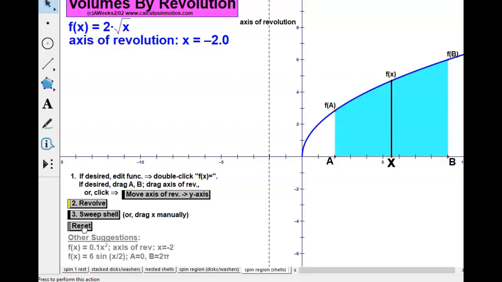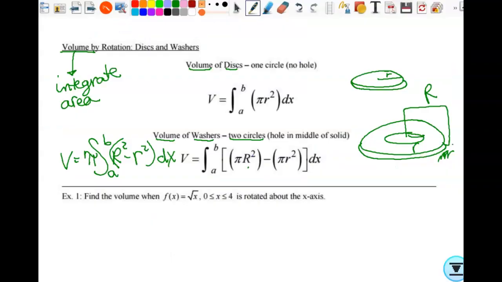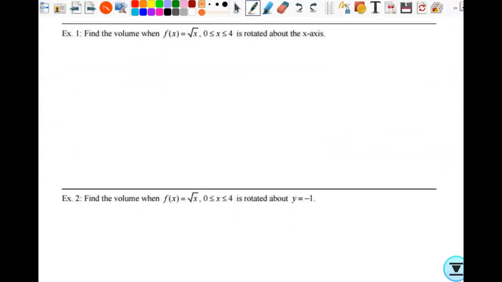Okay, so when we are here, if we're revolving, let's draw one of these. It says find the volume when, all right, so we're going to draw a picture. We have f of x equals the square root of x. So that is a function. You should know what it looks like. Looks kind of like that, right?